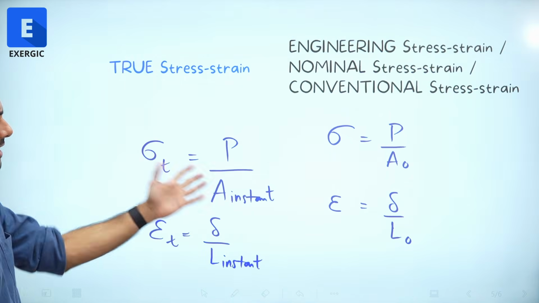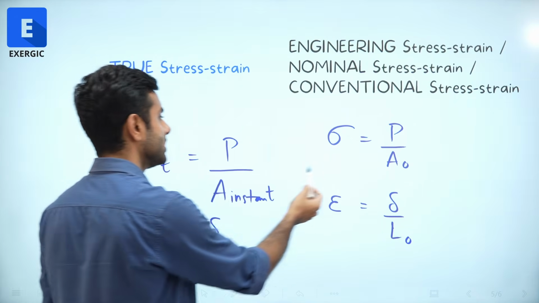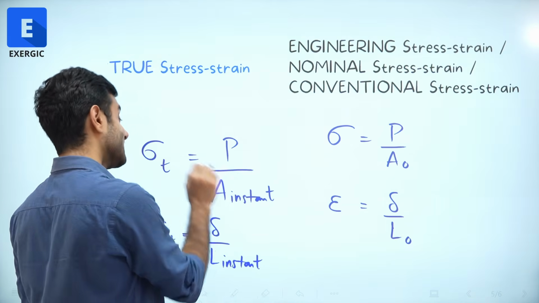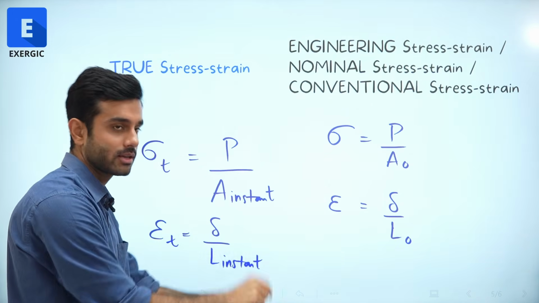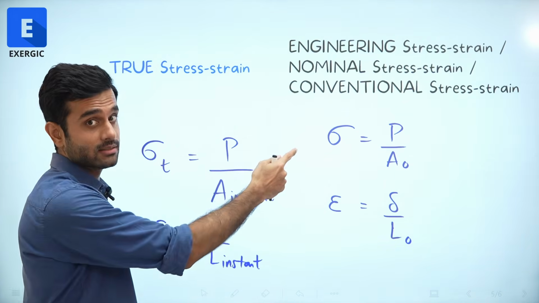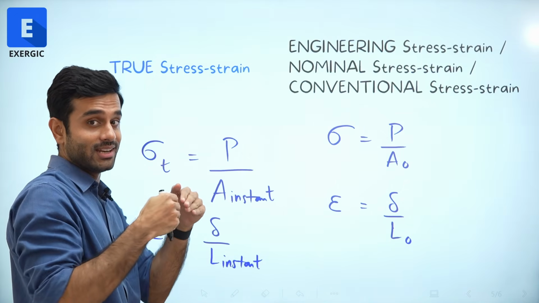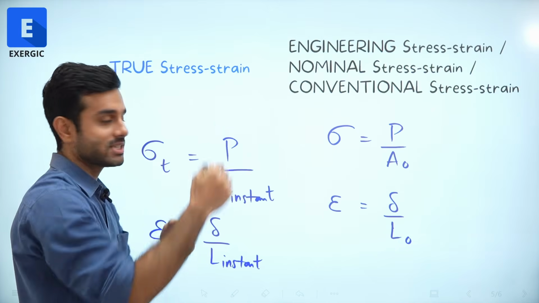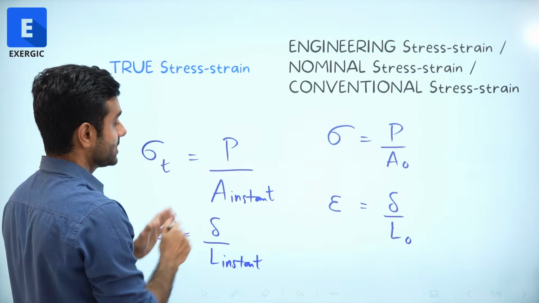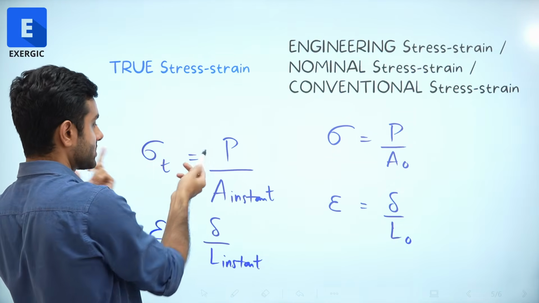You see, the expressions are the same, the only difference is initial area versus area at that instant whenever you are measuring, which will keep changing, right? Initially it will be equal to A0 only initially, but as the area keeps on changing, this stress will change.